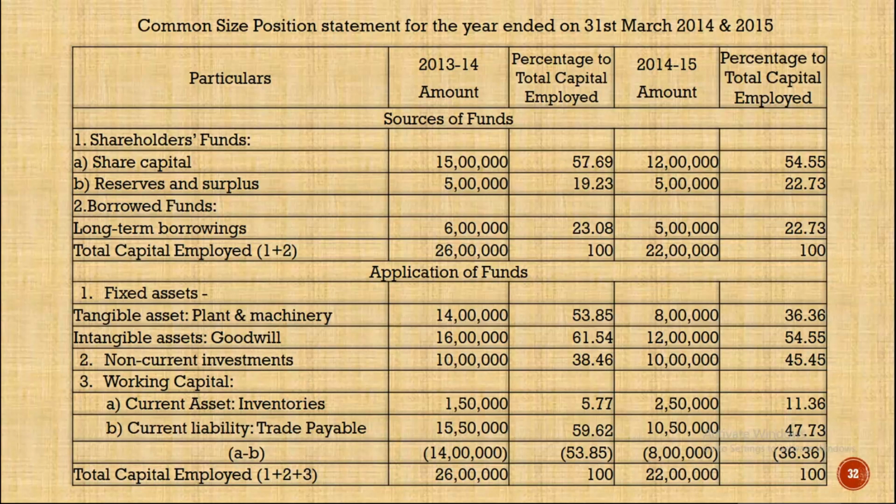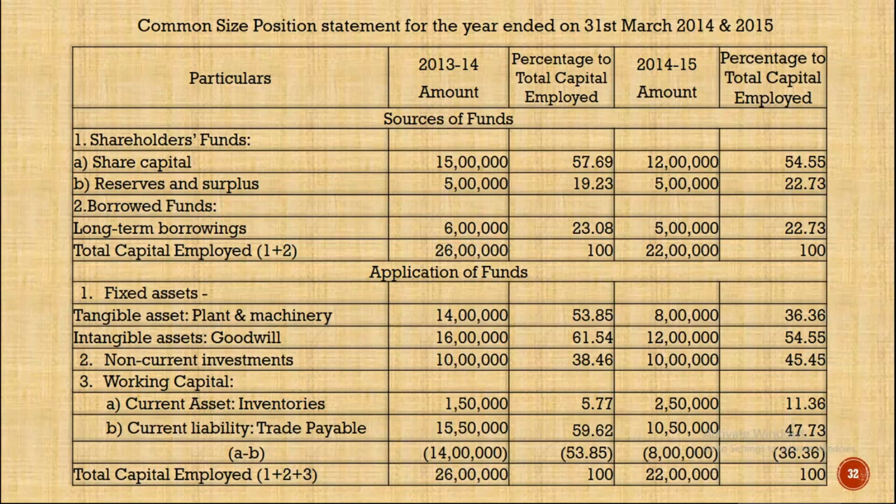So what is that? You can see at the end of the sources of funds statement, 26 lakh for the year 2014 is 100, and 2015's 22 lakh we have converted into 100. That becomes the base for calculation.